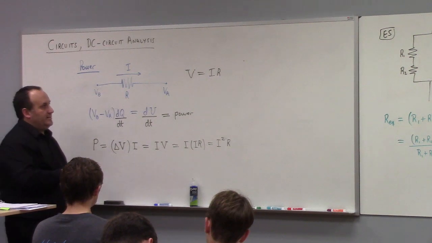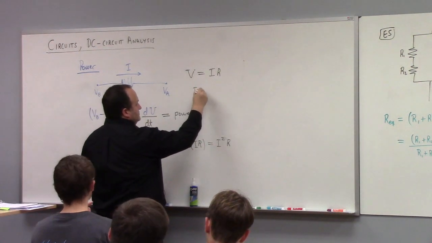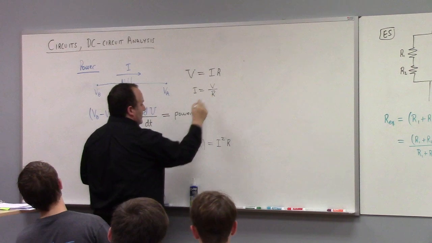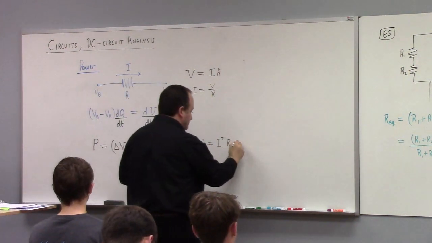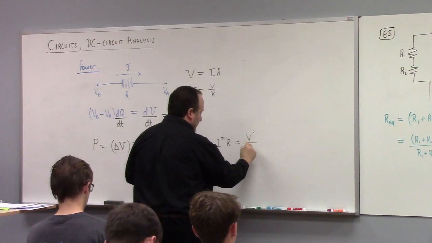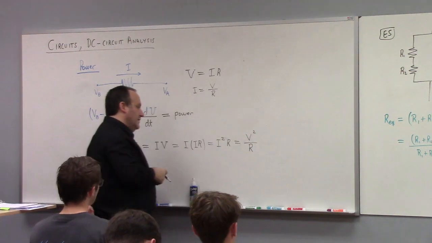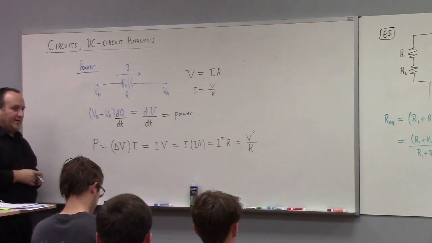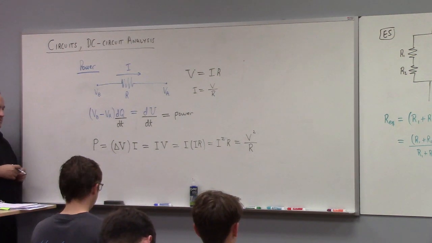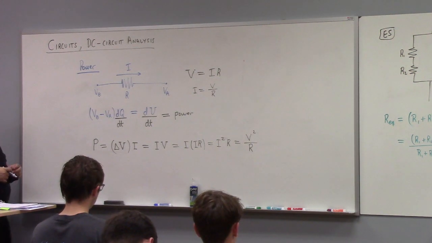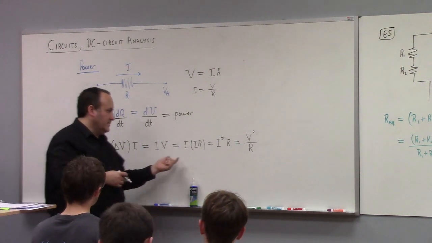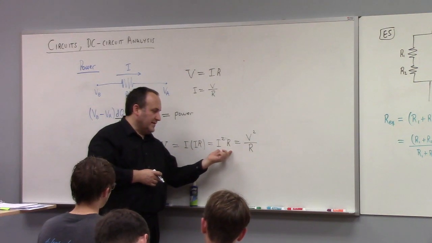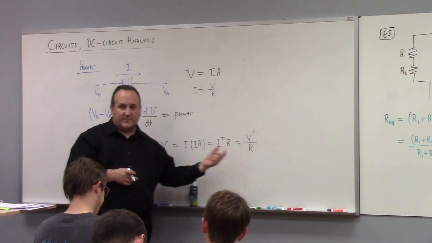If I solve for I, it's V over R. So if I plug that in here, I get V squared over R. And there you go. Those are the three important formulas to know about the power developed by a resistor: the current times the voltage, current squared times resistance, and voltage squared over resistance.